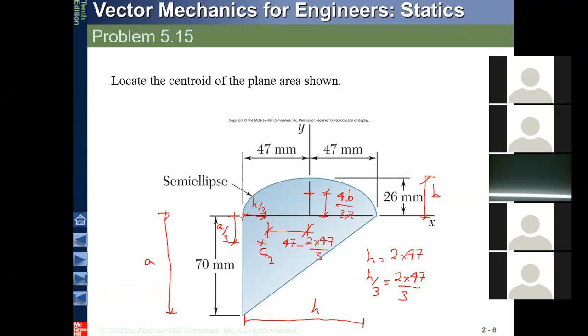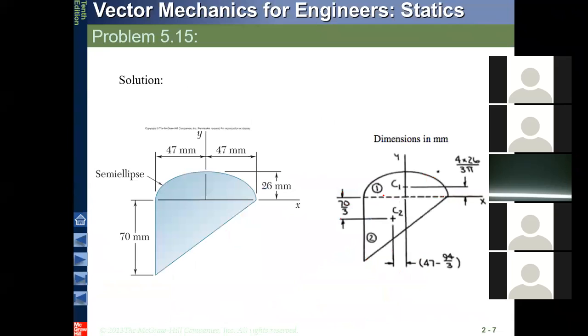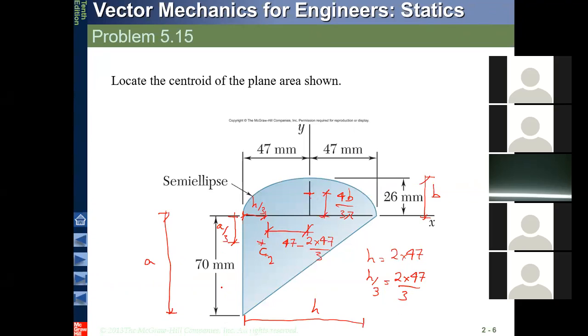Seventy minus 70 over 3. Why do you say that? It is going to be 1/3 of the height from the base. So if this is a, this is going to be a over 3. So it would be 70 over 3, right? Is that clear?